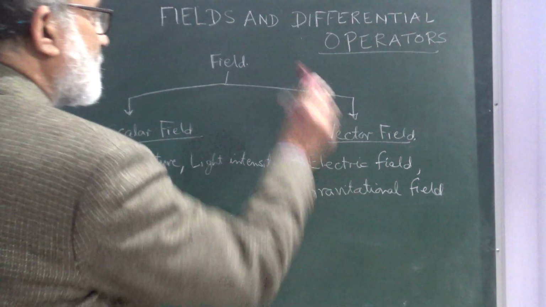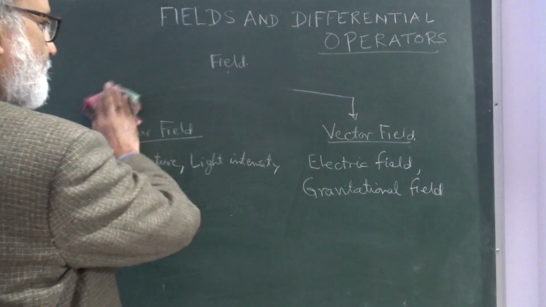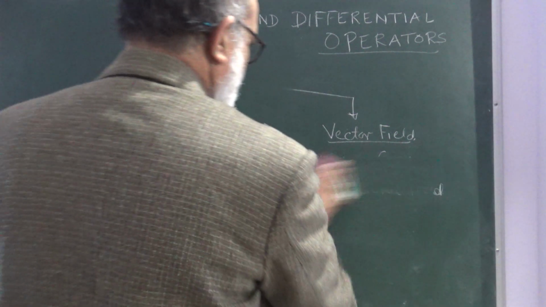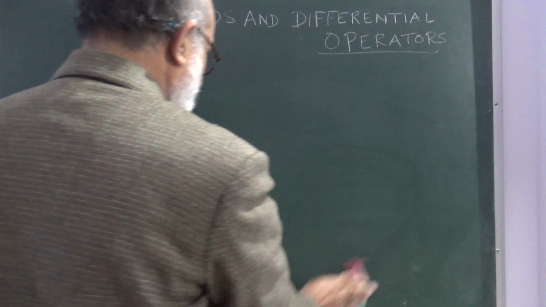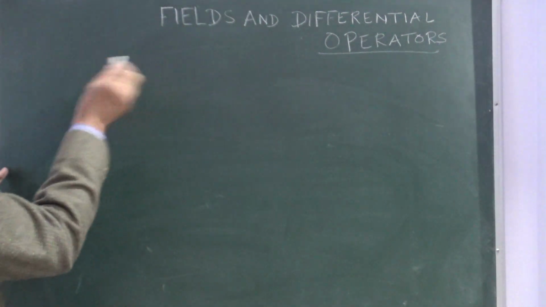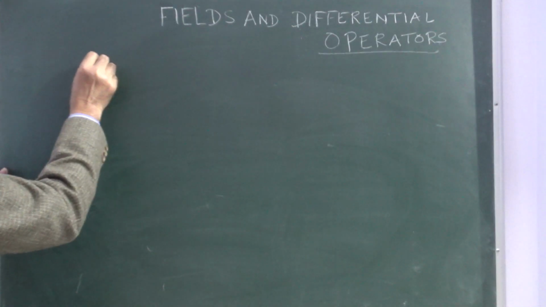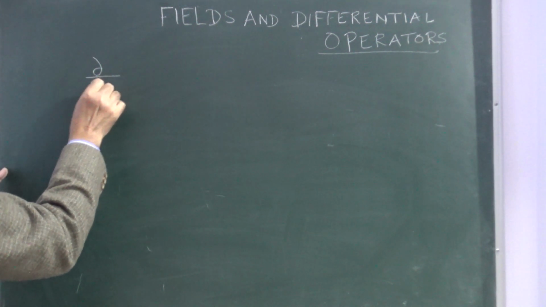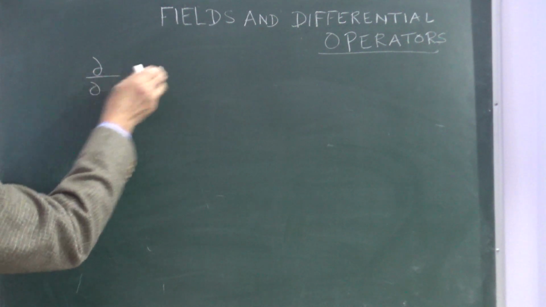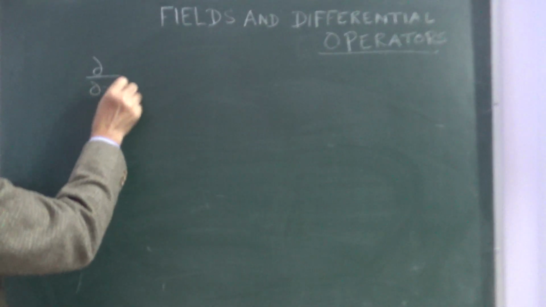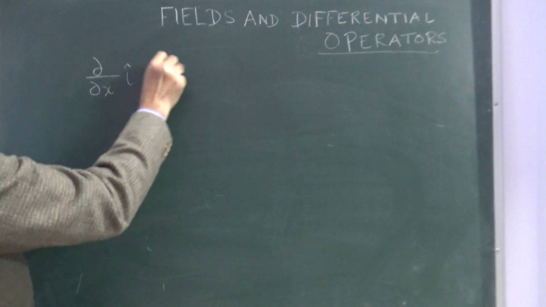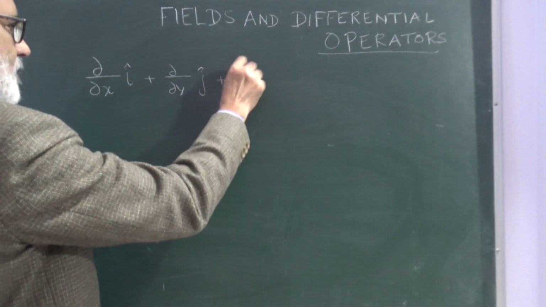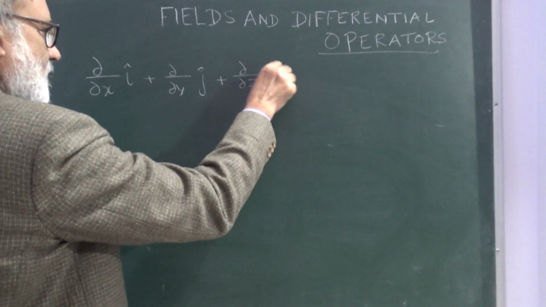Now the next topic is differential operator. What is a differential operator? This symbol is differentiation with respect to all three axes. Suppose the rectangular coordinate axis, so it is del x i plus del y j plus del z k.